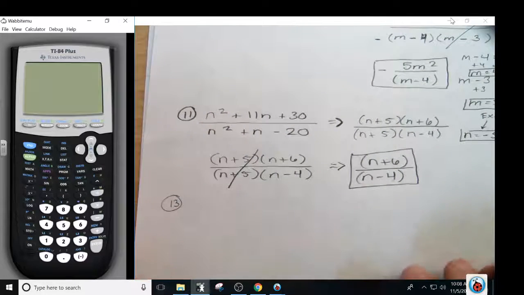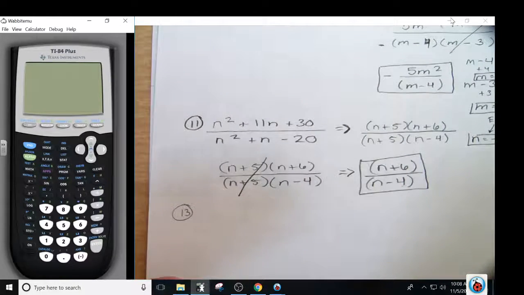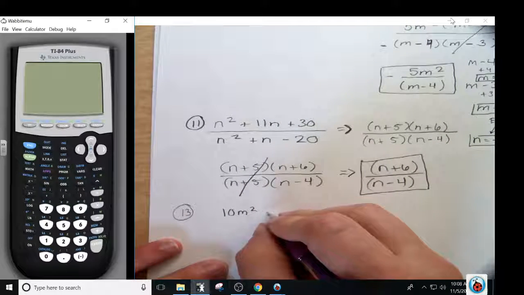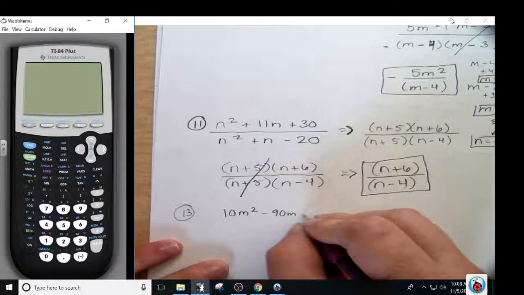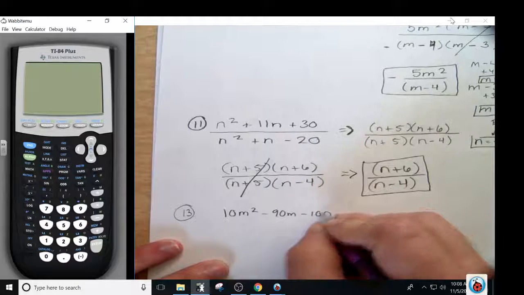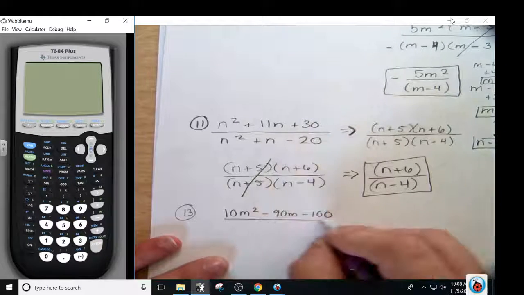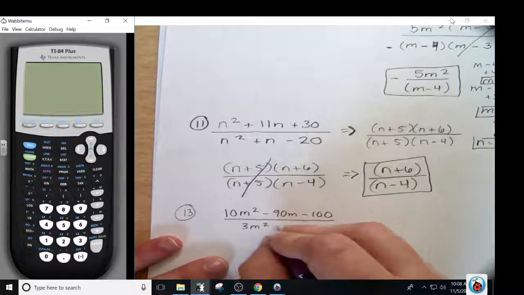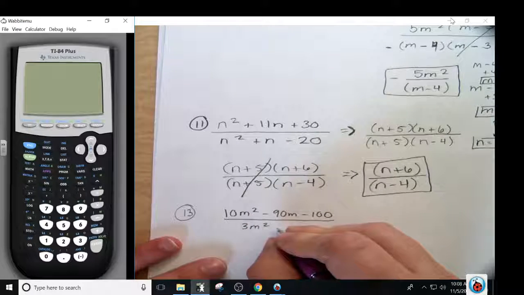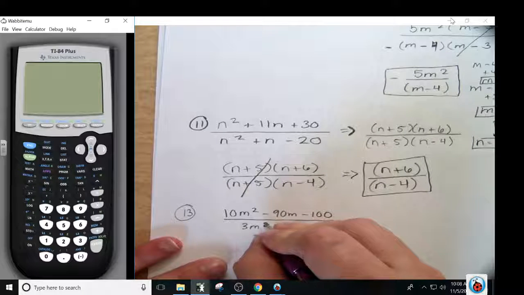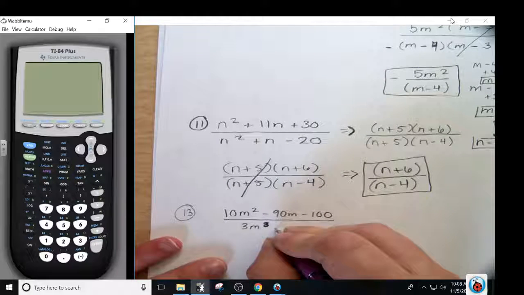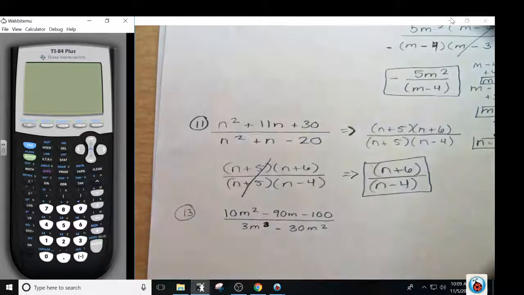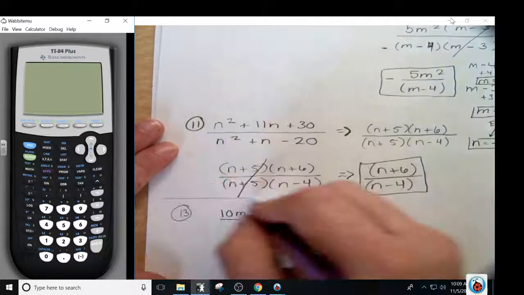All right, let's look at 13. This was a pretty tough one because there's a lot to do here. Over 3m squared. No, cubed. I can't see those little bitty numbers. Okay, so there is number 13.